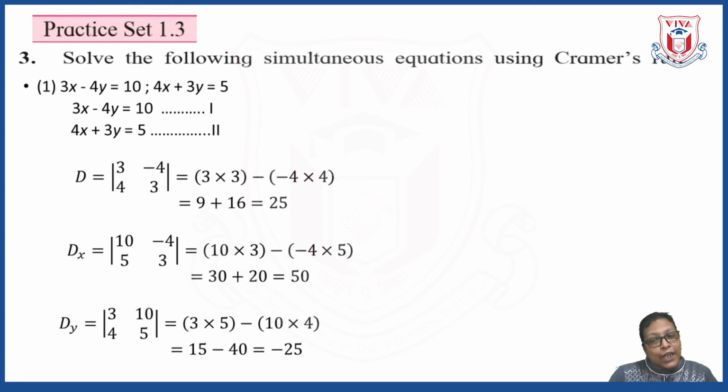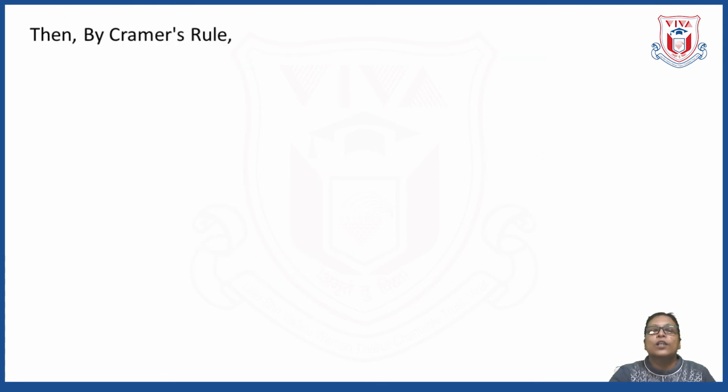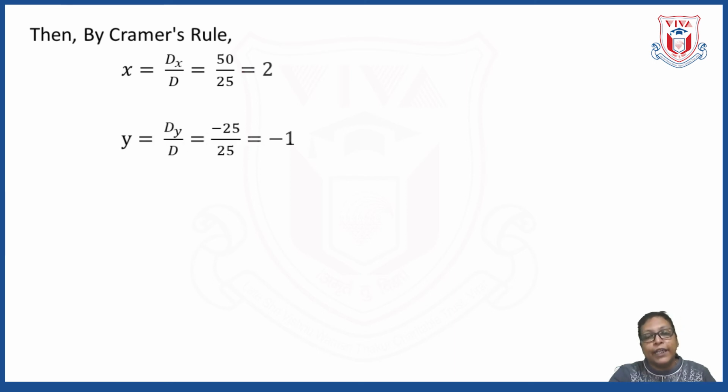So you can use Cramer's rule now to find out the value of x and y. Then by Cramer's rule, x is equal to Dx upon D, that is 50 upon 25 equal to 2. y is equal to Dy upon D, minus 25 upon 25 is equal to -1.